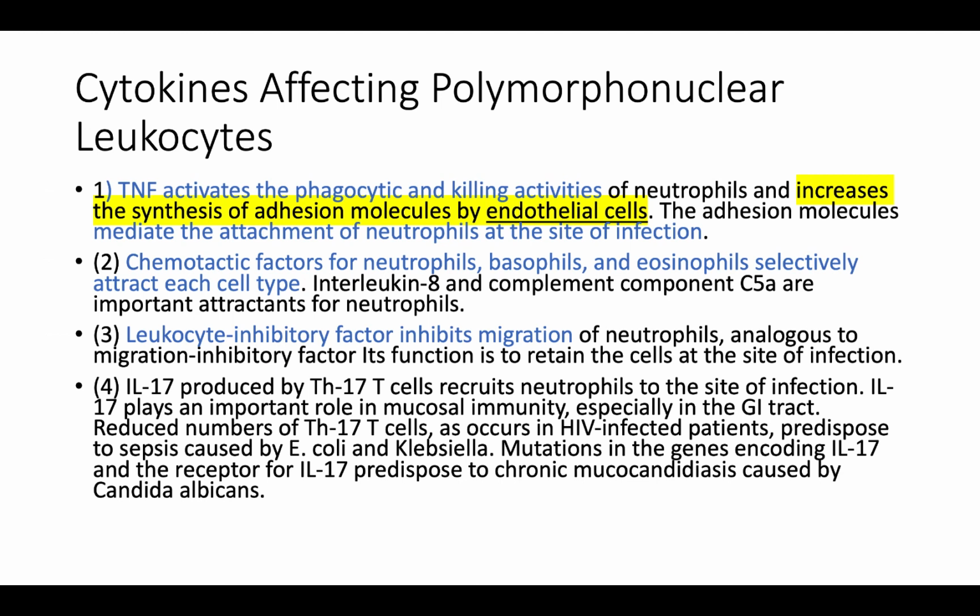Chemotactic factors selectively attract each cell type, such as neutrophils, basophils, or eosinophils, depending on the infection I have. Leukocyte inhibitory factor inhibits migration, to turn off this process. We know interleukin 17 recruits neutrophils and controls them at a site of infection in the gut mucosa.